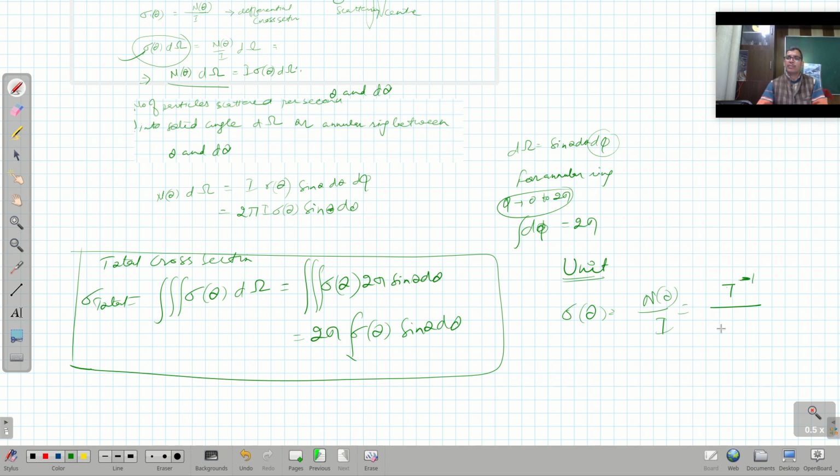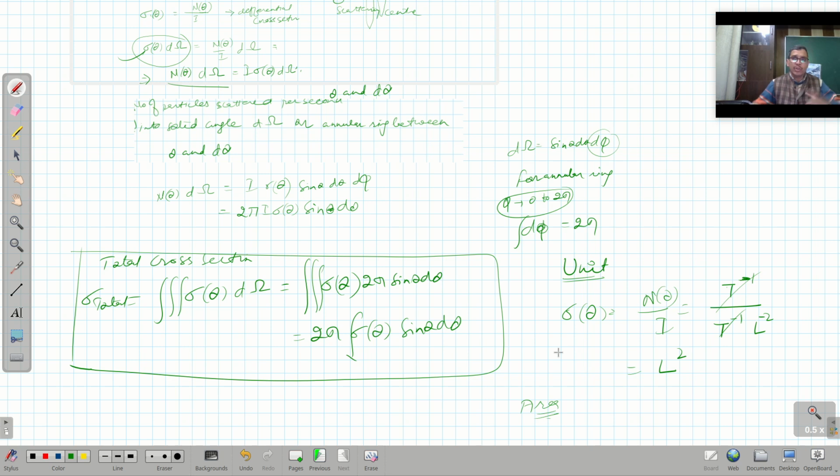Intensity is the number of particles per unit area and per unit time, so it is t inverse and L inverse square. This will cancel out and it will become L square. So it has the dimensions of area, basically the scattering cross section.